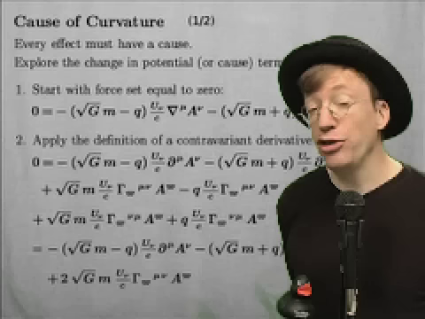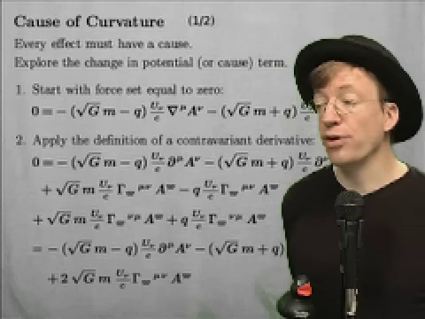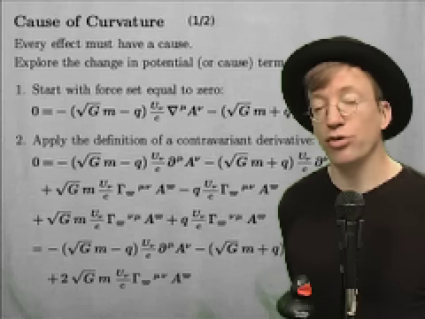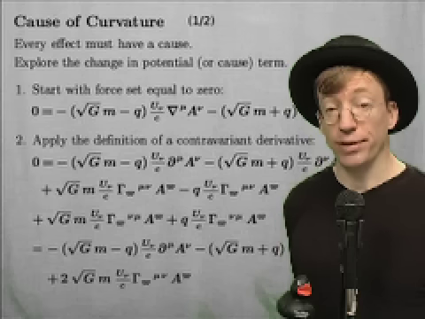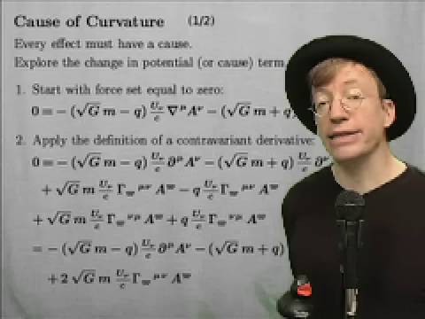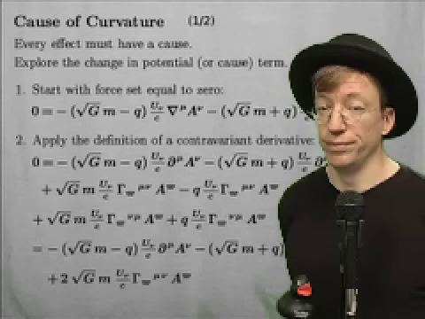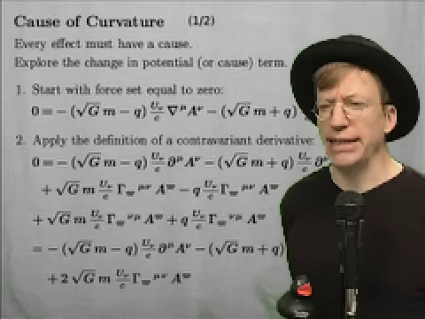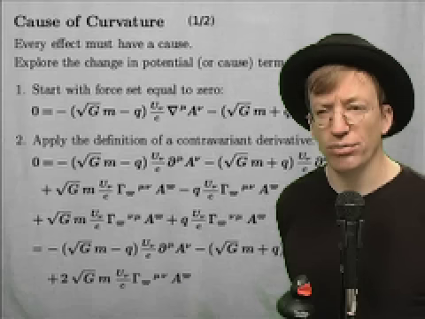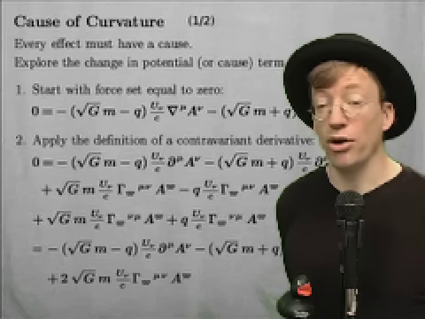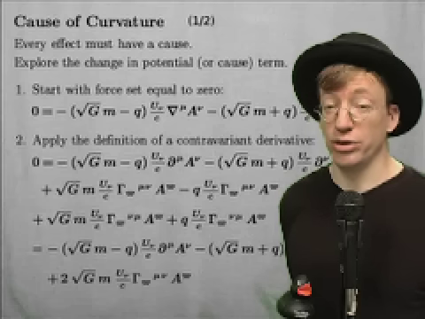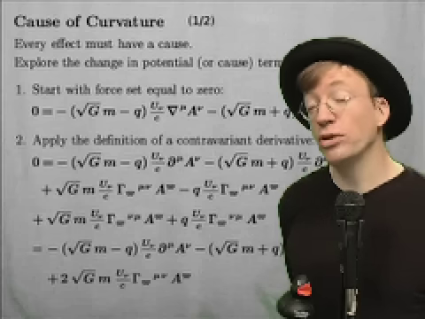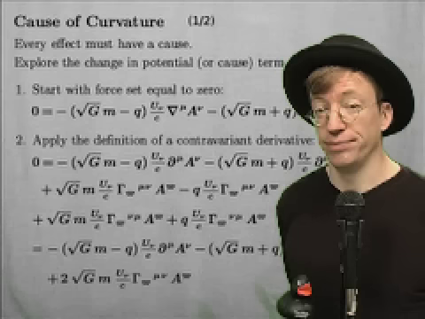And the thing that we notice is that there is a mass snuggled right up against that Christoffel. That's very important because it shows that mass couples to curvature. What that kind of means is if mass goes to zero, that Christoffel just goes away. That's not the case if electric charge goes to zero. That term will still be there.